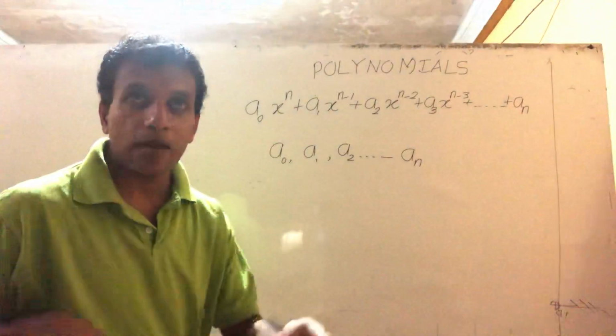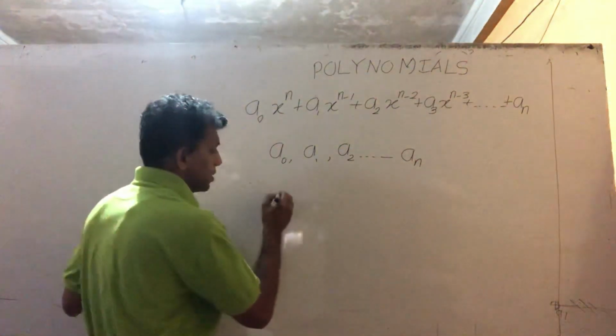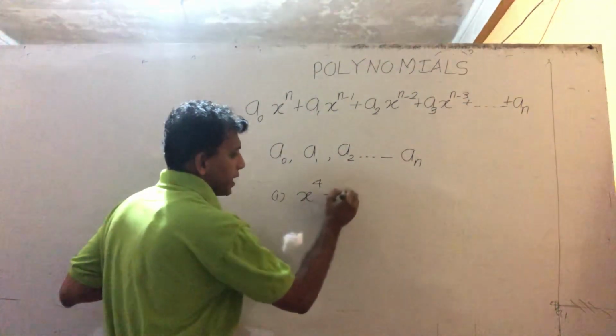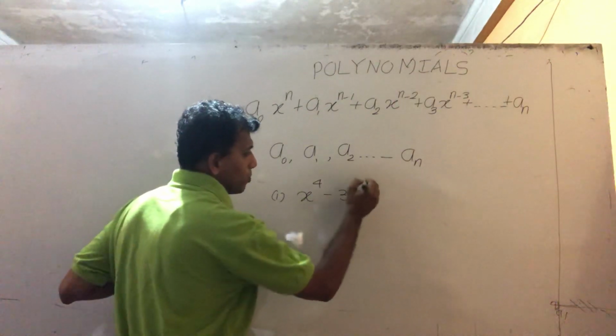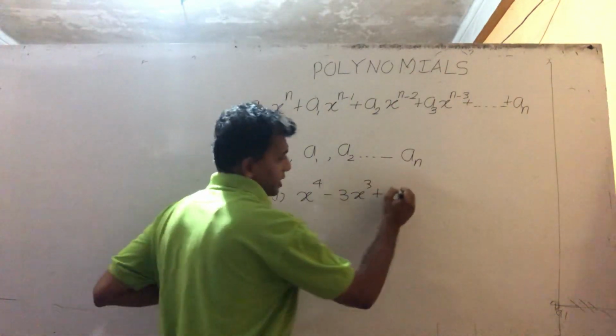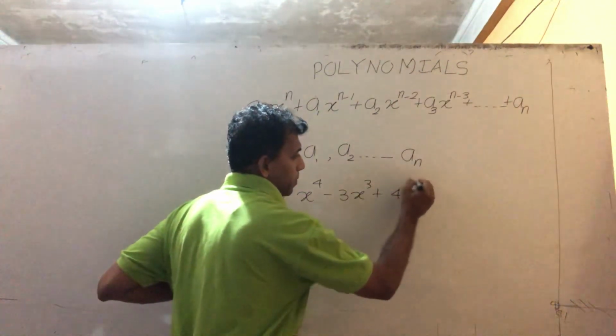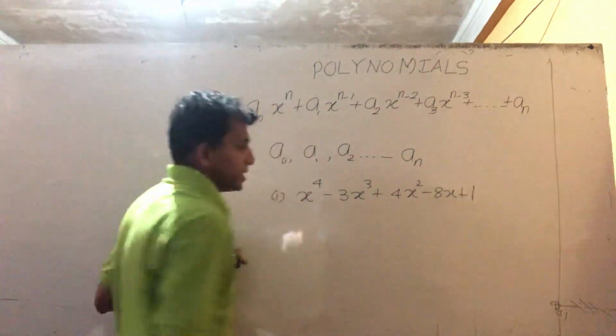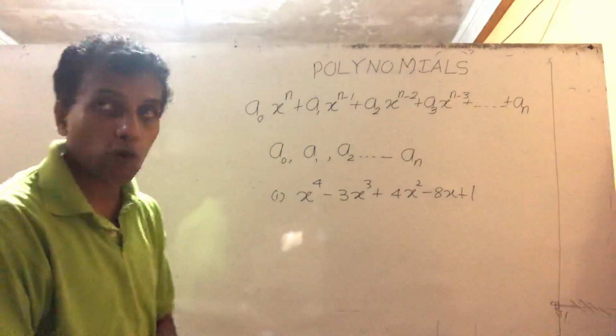So, giving an example: x to the power 4 minus 3x cube plus 4x square minus 8x plus 1. This is a polynomial, the power 4, right?